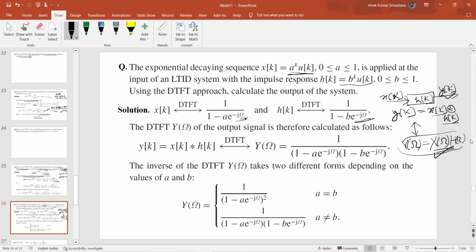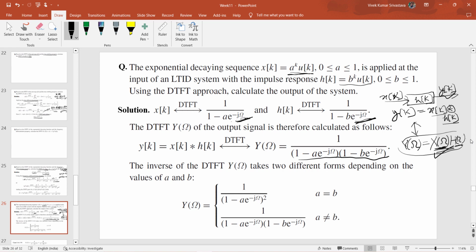Now y of omega is defined as the multiplication of x of omega and h of omega. We have already evaluated x of omega and h of omega, so y of omega is the multiplication of these two. From here we can further solve y of omega, but it's better to take two cases.